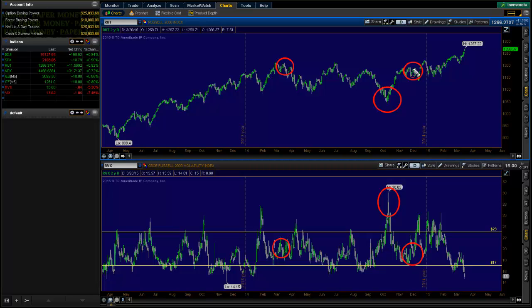I'm not picking long, I'm not picking short. I'm just letting the market do what it will do and seeing how the various types of option positions perform.